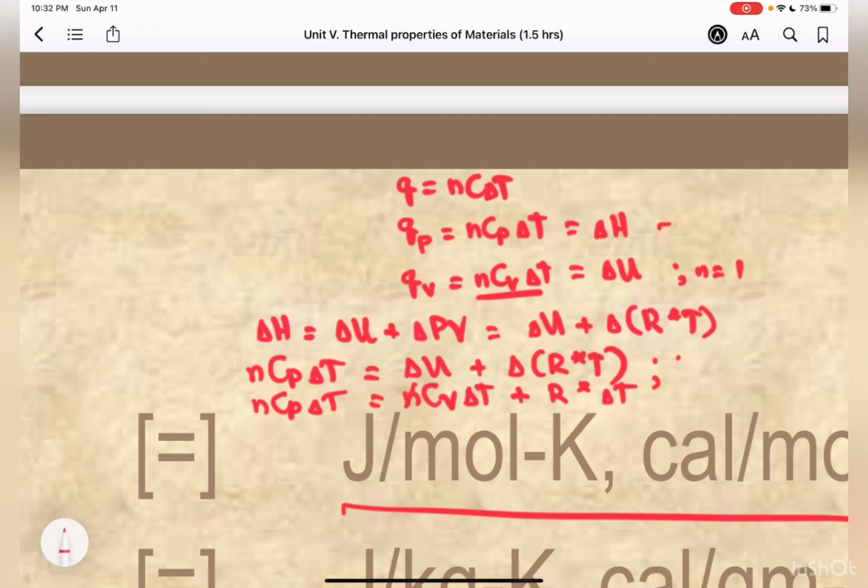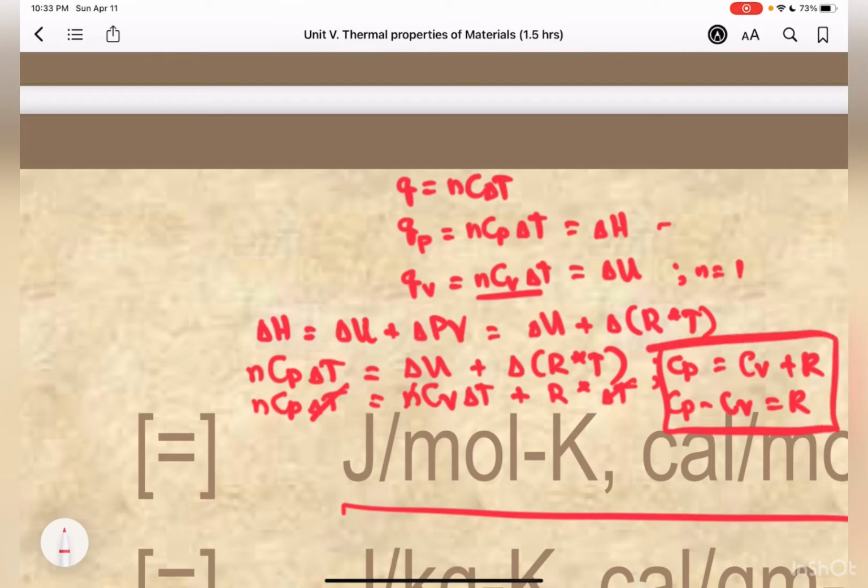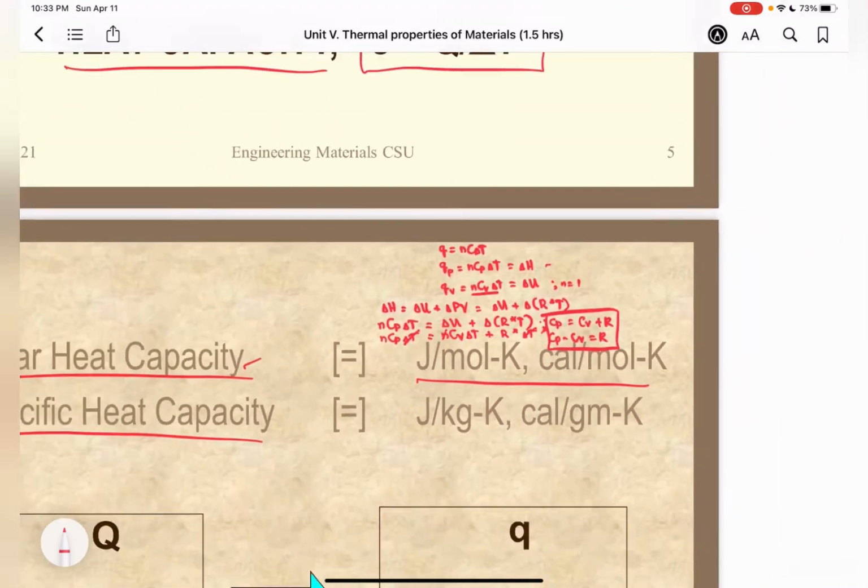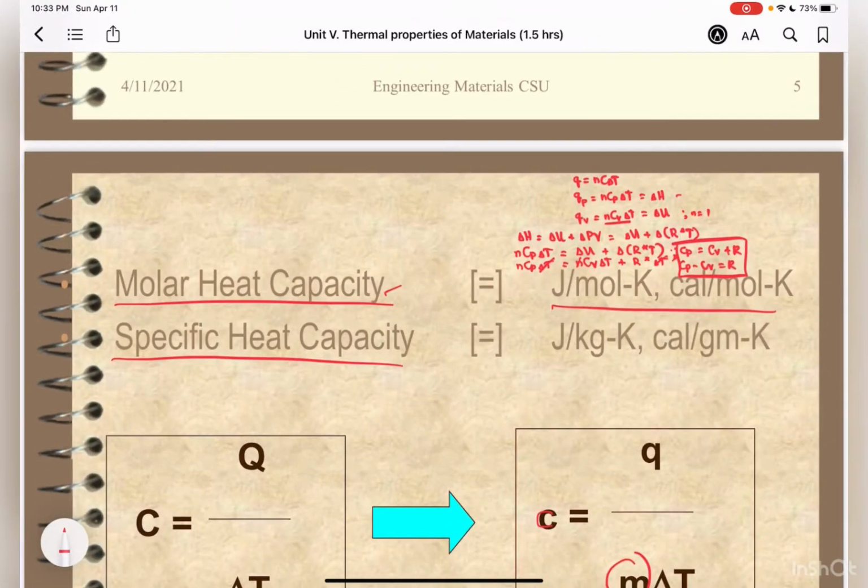So this becomes Cp equal to, the delta T cancel, Cv plus R. Or, in thermodynamics, Cp minus Cv is equal to R. So that's how we arrive at the equation, the derivation of the relationship between the heat capacity at constant pressure and heat capacity at constant volume.